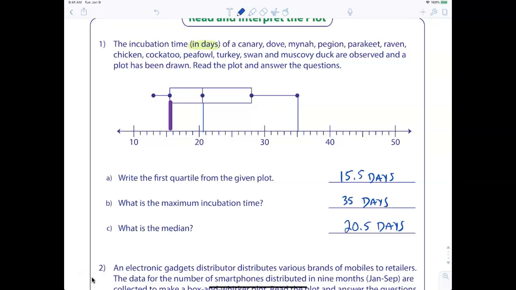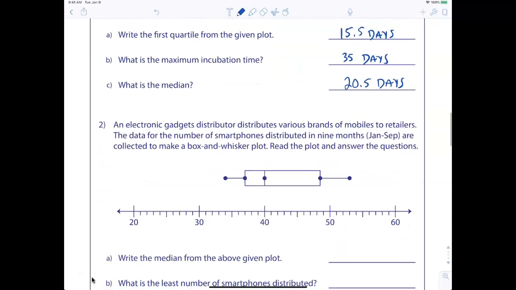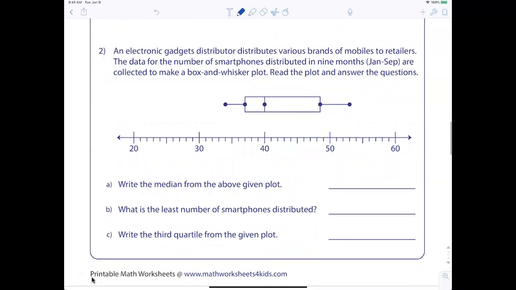Anybody have any questions? I told you, it's very, very simple. Now it says an electronic gadget distributor distributes various brands of mobiles to retailers.